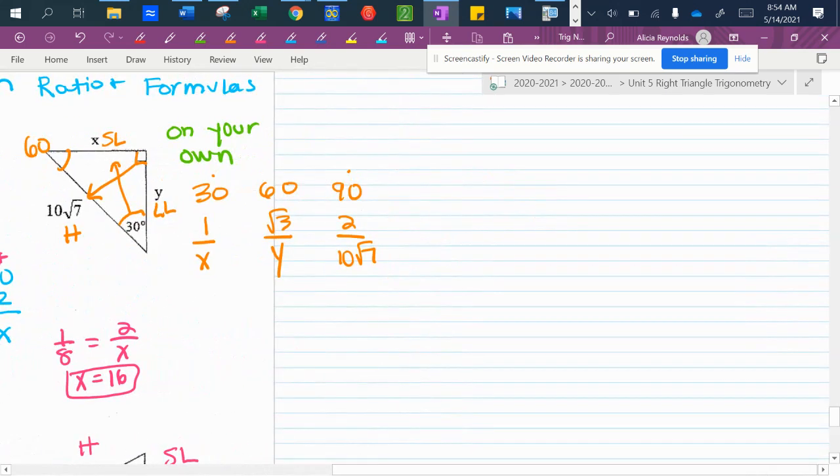So if I set this up, 1 over X equals 2 over 10 root 7. Cross multiply, 2X equals 10 root 7. Divide by 2. X equals 5 root 7.